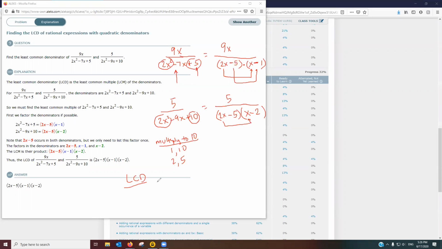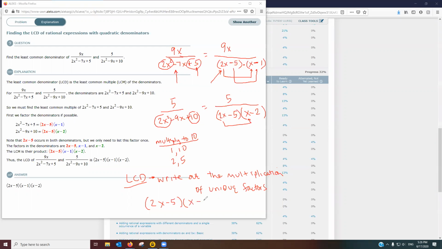Here's what I do. To get the least common denominator, write out the multiplication of the unique factors you see. Let me explain what I mean by that. Let me come up here. I have a 2x minus 5 and an x minus 1.